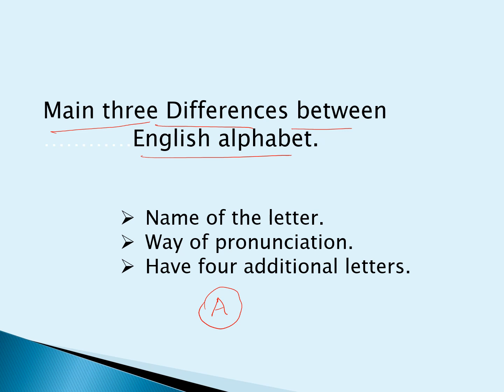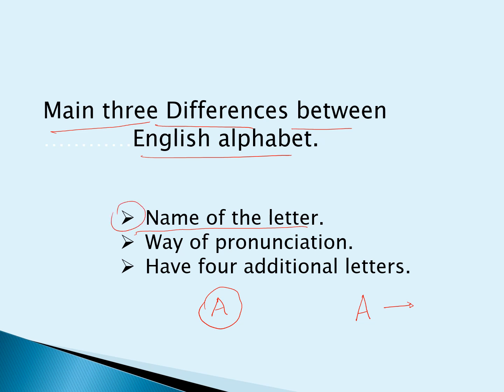In English, this is letter A. But in Spanish, this letter is not A. This is letter A. So the name of the letter is different from the English language. Look at the name of the letter, the main difference.